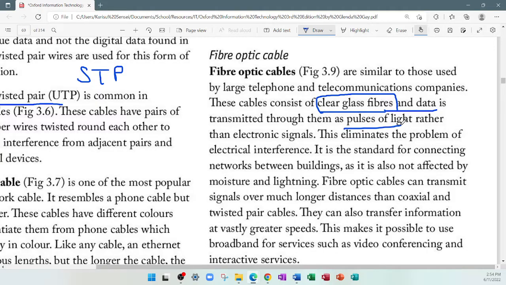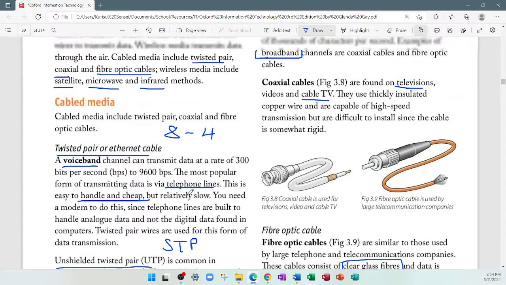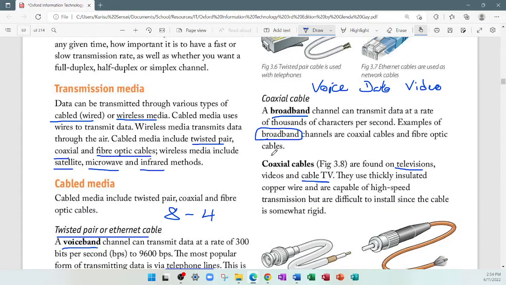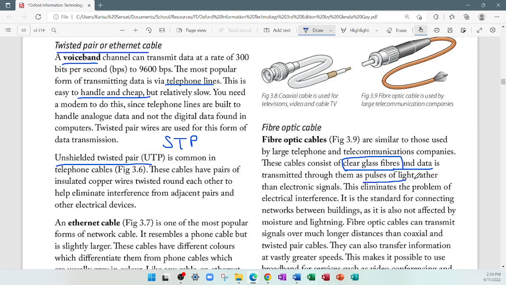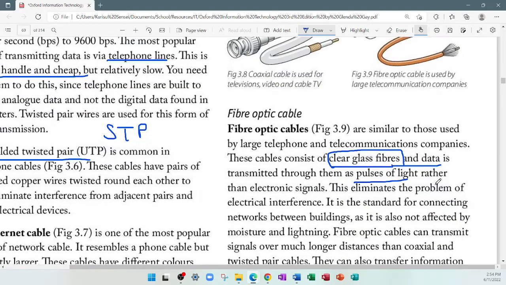Now, fiber optic uses light to transmit the data, unlike the Ethernet and the coaxial, which are basically copper and use electricity to transfer their data. That means other electrical appliances can interfere with the signal, hence EMI. That is also why you don't run the cable next to other electrical cables, because it can cause interference.